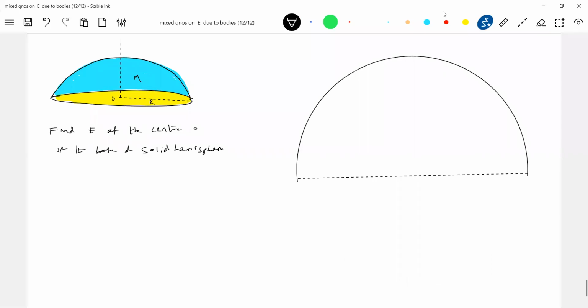Okay, this is a hemisphere. What is the elemental structure? The disk, what we have to assume. I'll start with this.